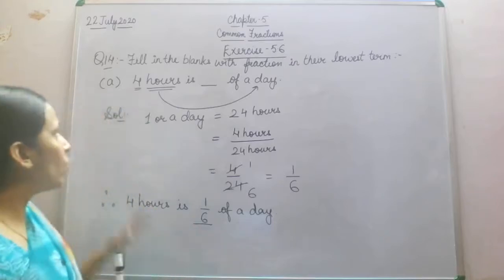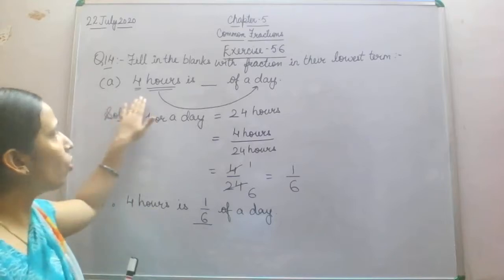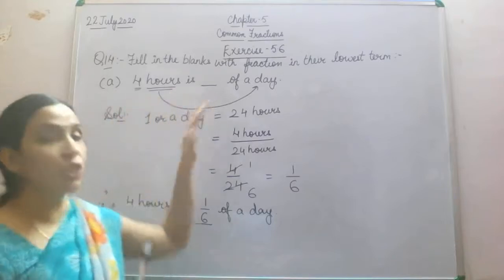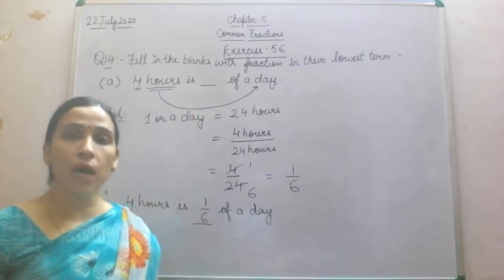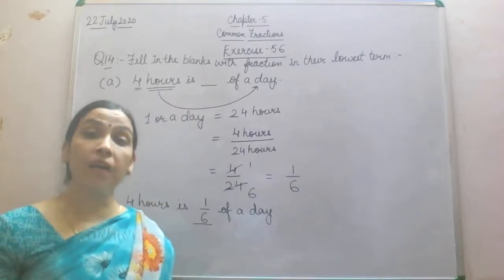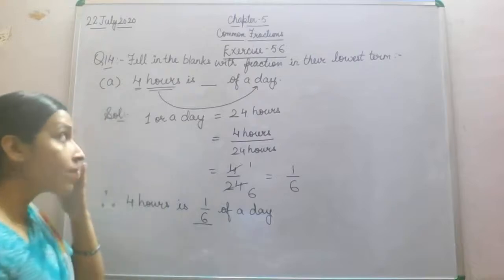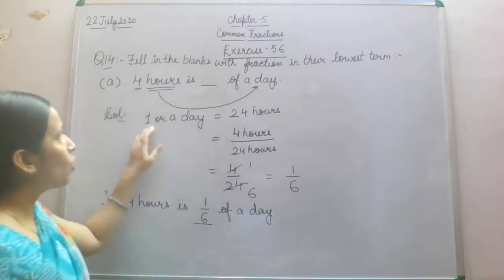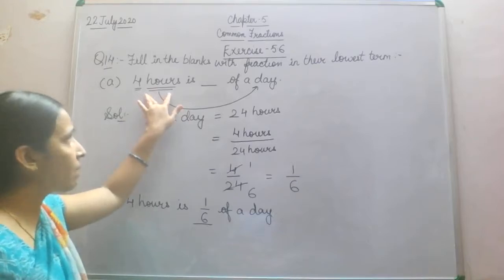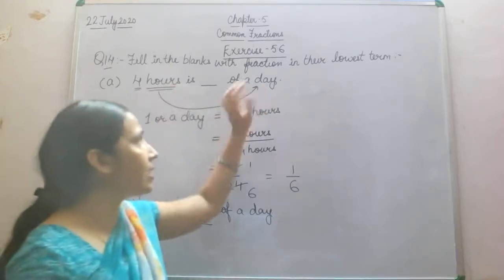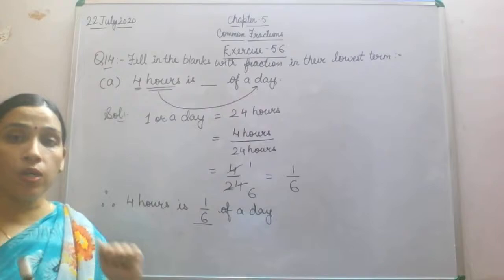So what is given here? A part, 4 hours is dash of a day. It means 4 hours is how much fraction of a day. So first of all we will see what unit is given here. Hours have been given and here day has been given. Now what do you have to do first?